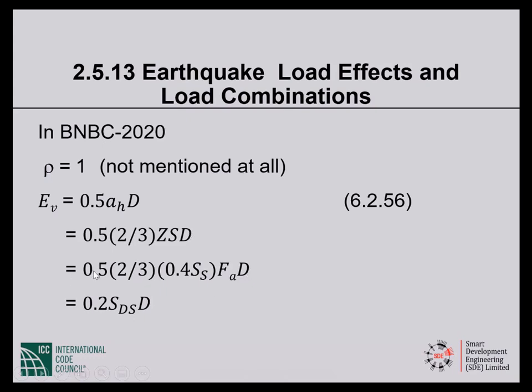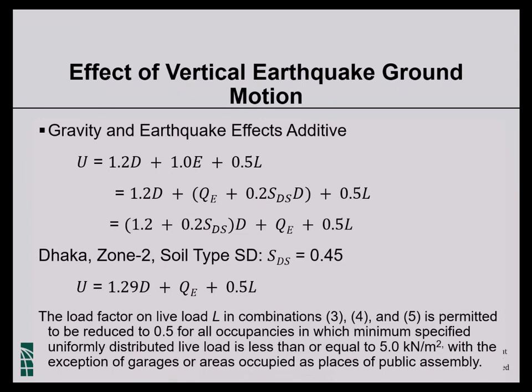So 0.5 times 2/3 times 0.4 S sub S times F sub A times D, all of that together gives you 0.2 S sub ds times D. So E sub B of BNBC 2020 is exactly the same as the E sub B of ASCE 705.